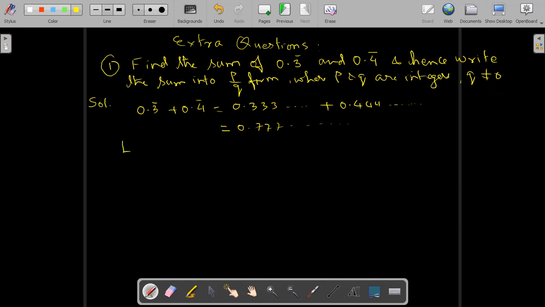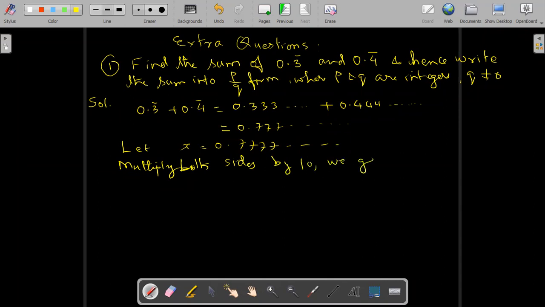So now this will be converted into P upon Q. So we will take x is equal to 0.7777 and multiply both sides by 10.